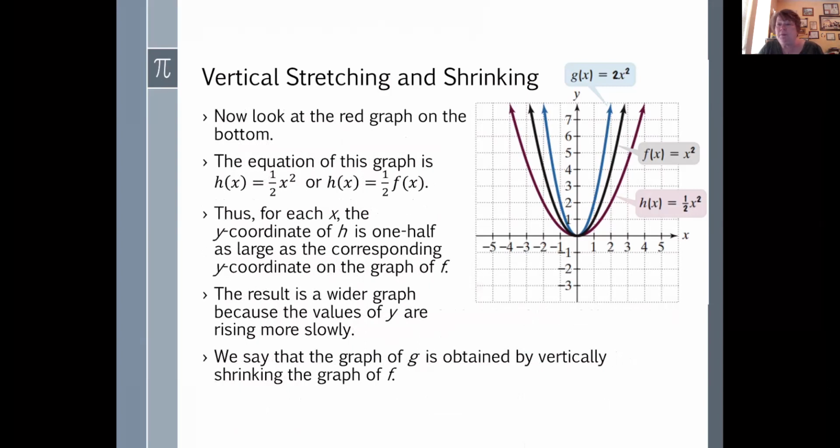If we multiply the output by a number between 0 and 1, that is a vertical shrink. It actually flattens the graph out. So if we multiply the output by a number bigger than 1, that's a vertical stretch. If we multiply the graph by a fraction between 0 and 1, that is a vertical shrink.